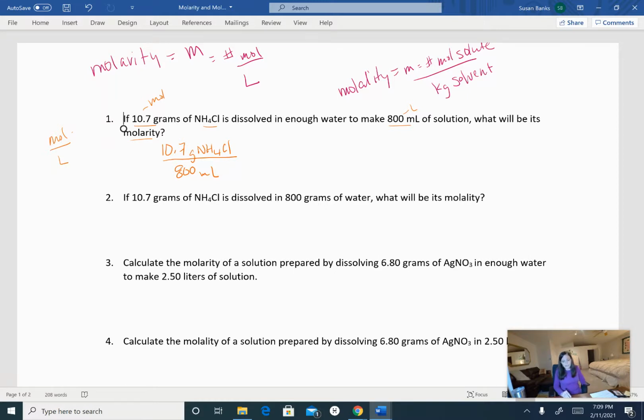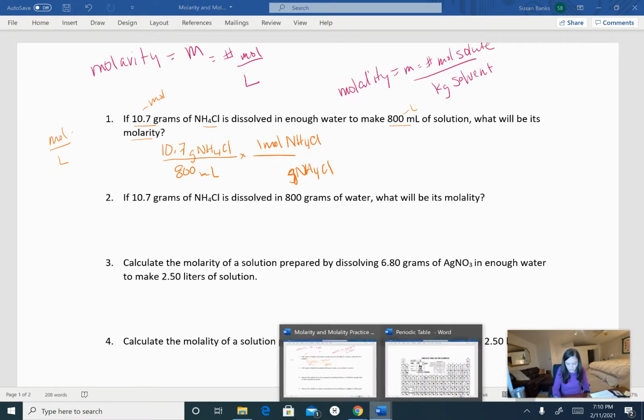Now the next thing I've got to do is convert these grams of ammonium chloride into a mole of ammonium chloride. So I've got to find my molar mass. I've got nitrogen, hydrogen, and chlorine.